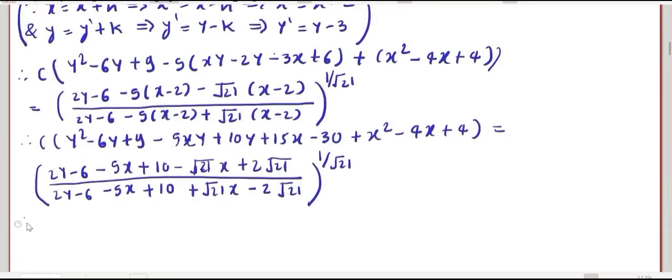Now therefore we get c into y square minus 5xy plus x square. So these three terms here. Now we have to take x common from these two terms. So we get here plus 11x.